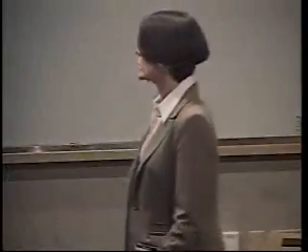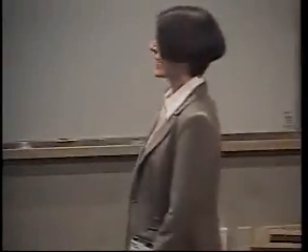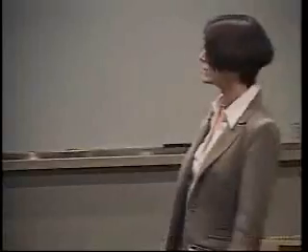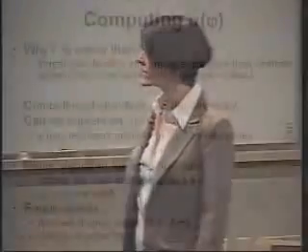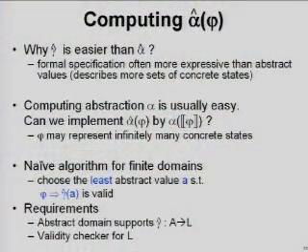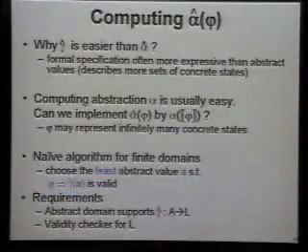Now, even if we are talking only about a finite domain, they are very large. At least the domain I'm interested in is double exponential. I don't want to be enumerating. I want to save some time and do better things. But already here we see the difficulties. Even if we want to implement the naive algorithm, we already know that we need the gamma hat operation and we need a validity checker.